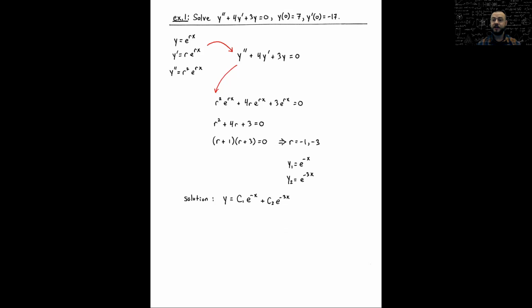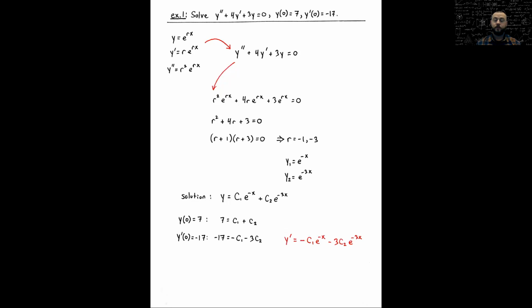All right, now this is kind of the first part. We have our general solution, and we can now use the initial conditions to solve for C1 and C2. When you plug in the initial condition y of 0 equals 7, replace all x's with 0, so you get exponentials e to the 0, which is 1, and you get this equation, 7 equals c1 plus c2.